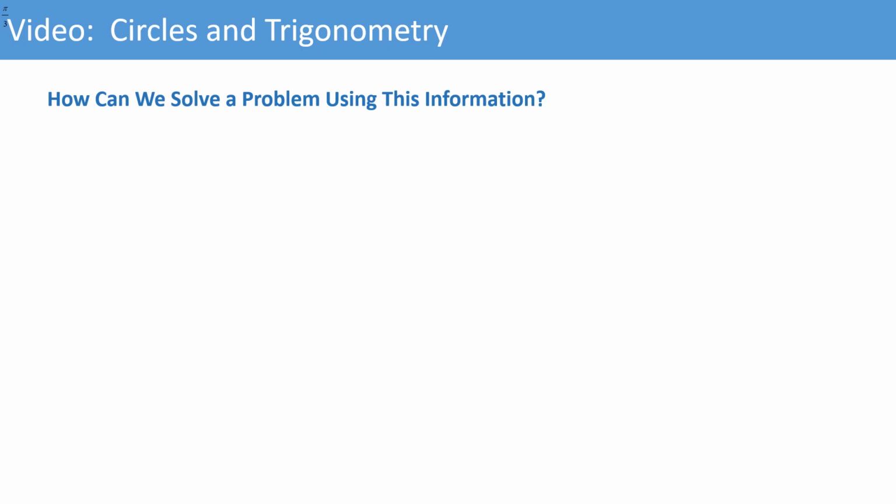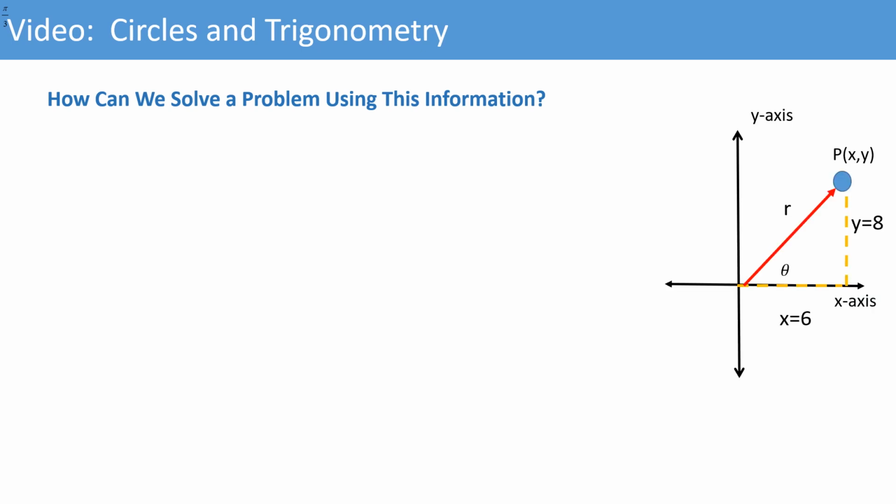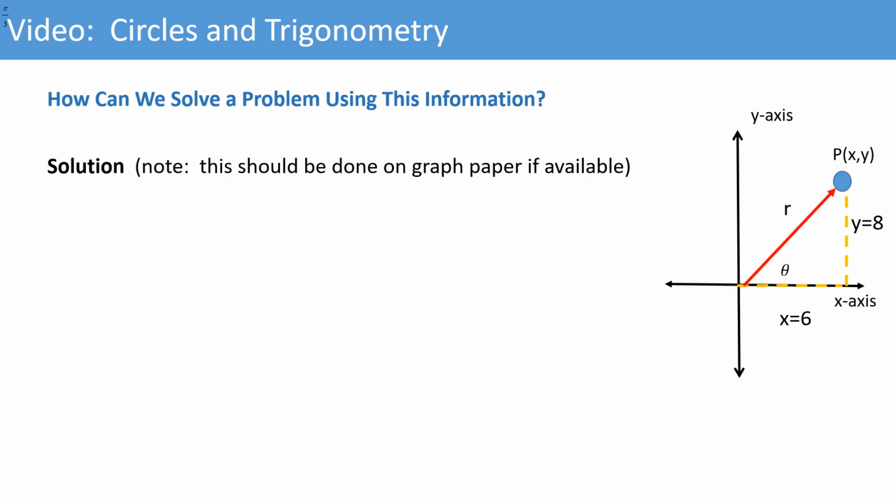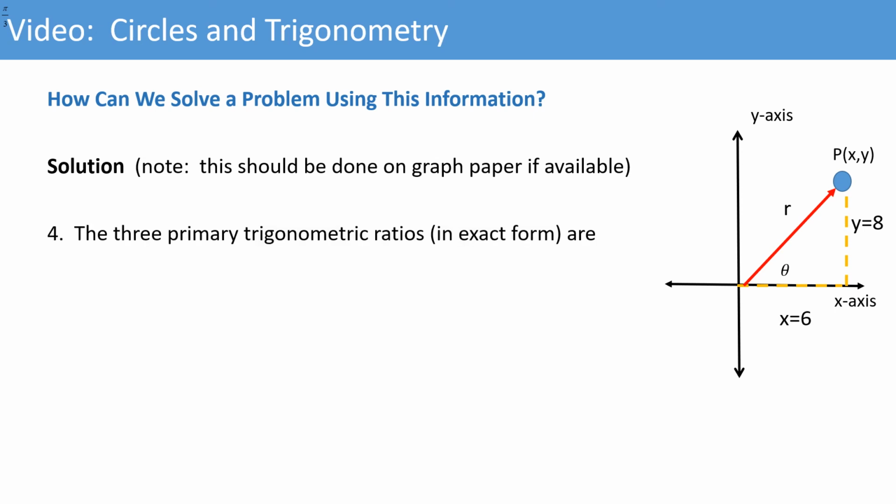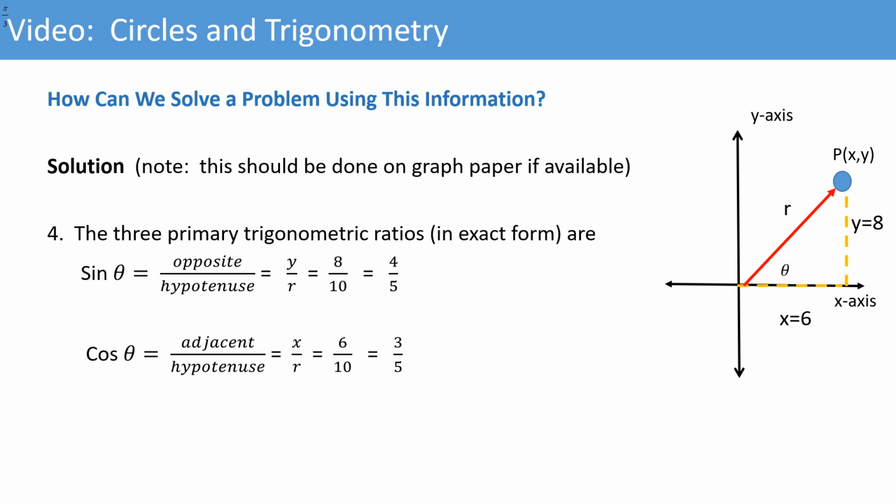How can we solve the problem? Continued. We know that x is 6, y is 8, and the radius is 10. So we can now state the three primary trigonometric ratios in exact form. Sine is opposite over hypotenuse, which is y over r. 8 over 10 simplifies to 4 over 5.